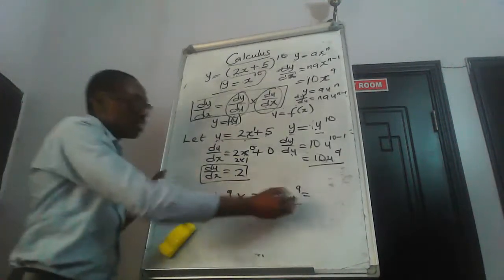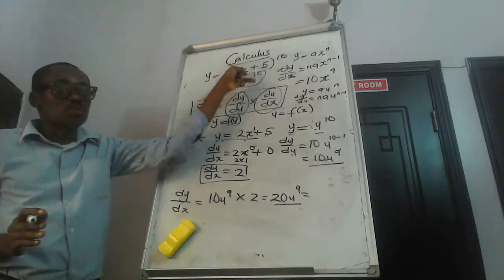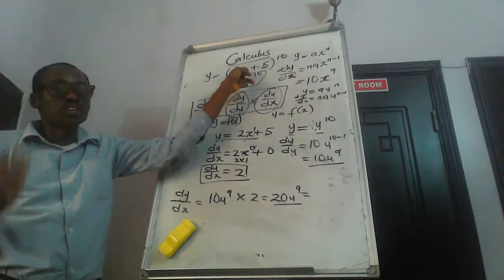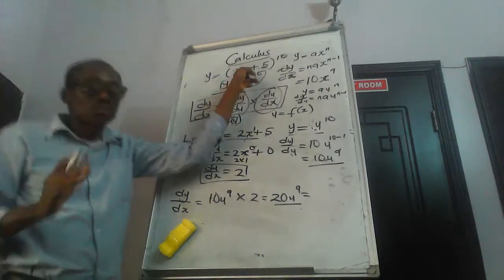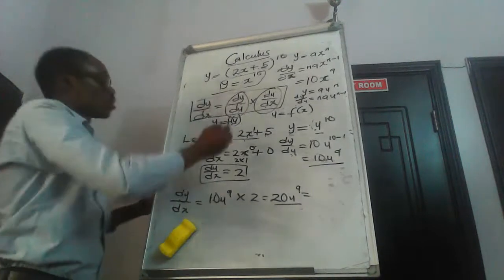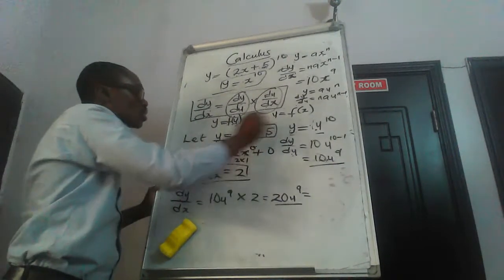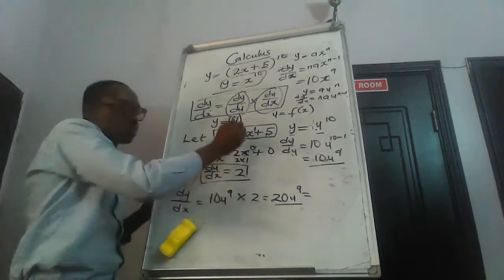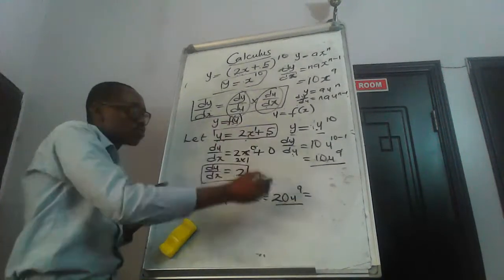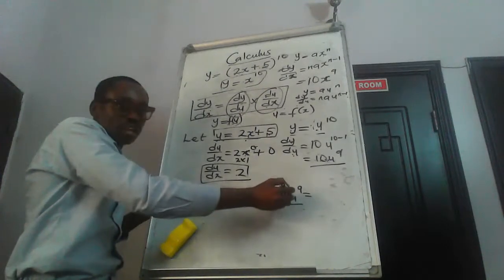But we can't leave it like this because originally our question did not involve u. There was no u in the original question. We only introduced u so as to be able to solve the question. So what was u? We said let u equal 2x plus 5. So since u is 2x plus 5, you're going to bring back 2x plus 5 into this answer.